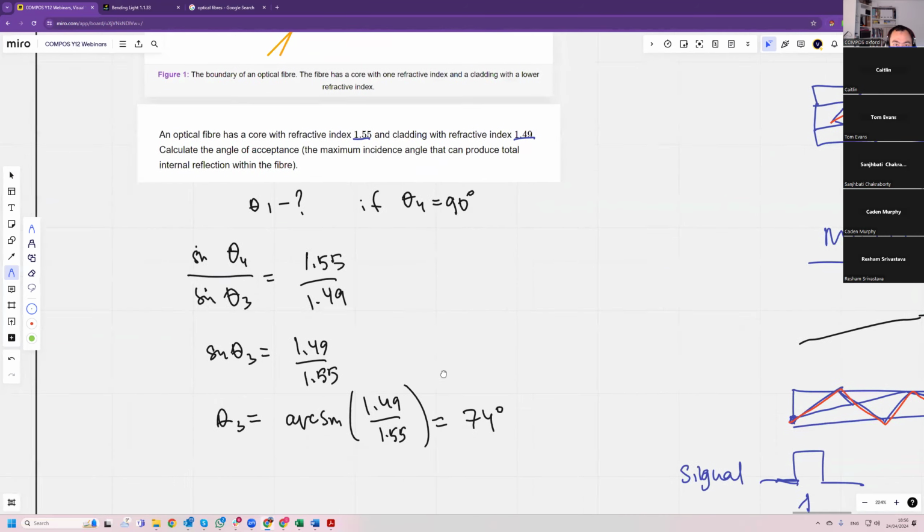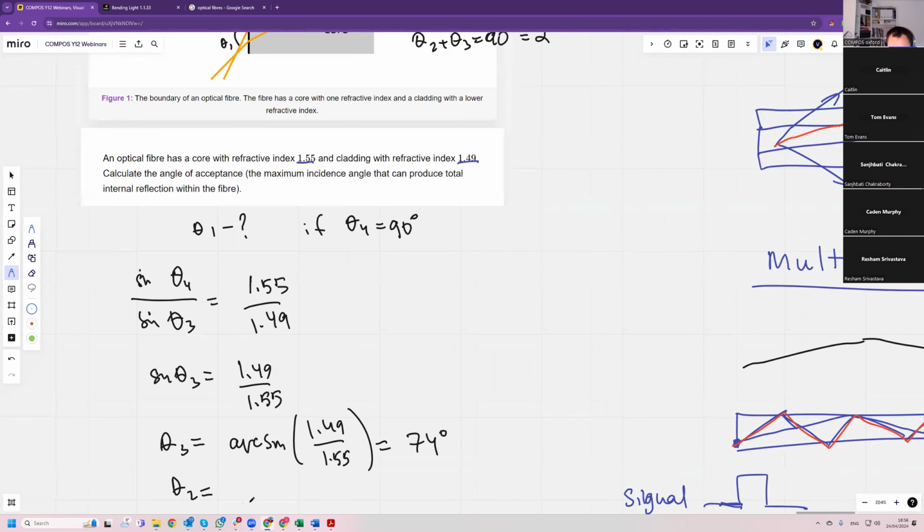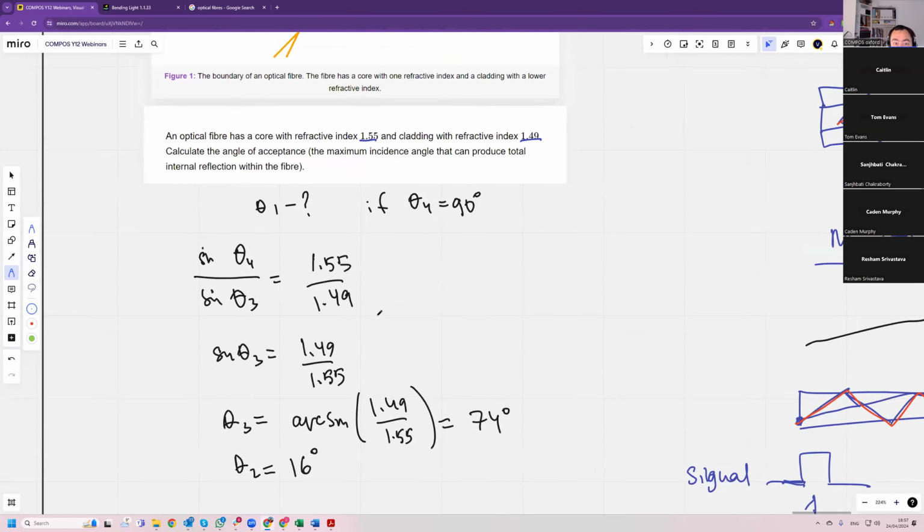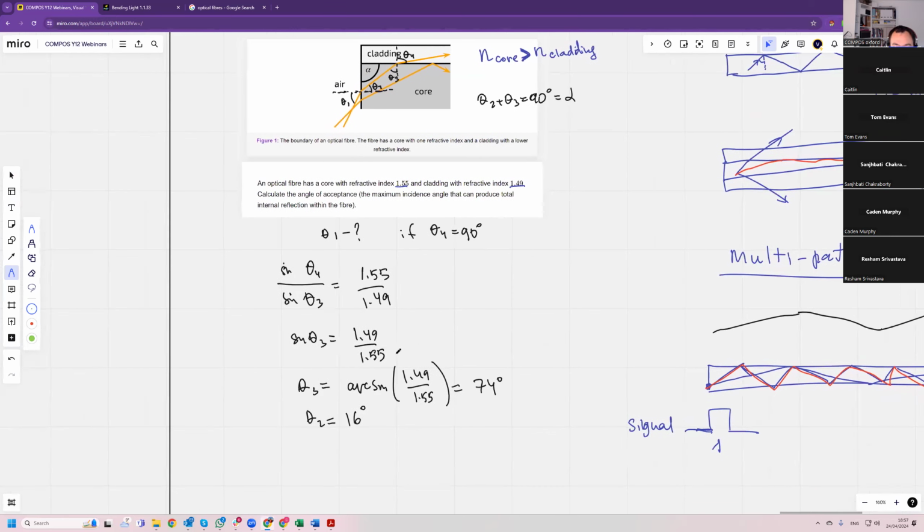That means theta 2 has to be 16 degrees. And we can work out theta 1. Theta 1 is going to be arc sine of 1.55 multiplied by sine 16 degrees.